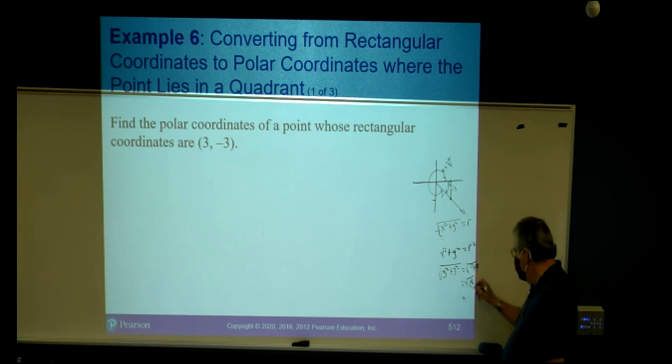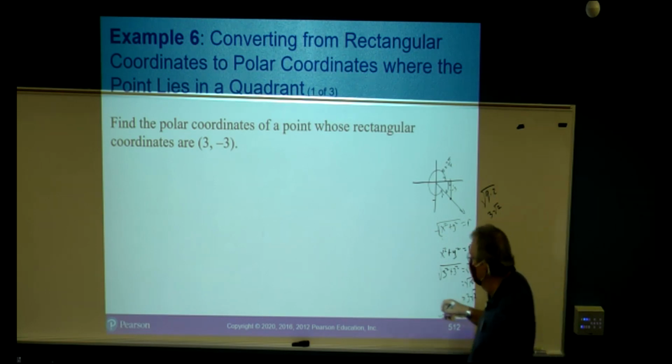Simplifying the square root means you pull out any factors that are perfect squares. 18 is 9 times 2, and 9 is a perfect square, so that becomes 3 square roots of 2. So R is 3 square roots of 2.